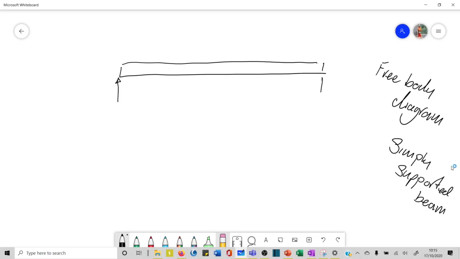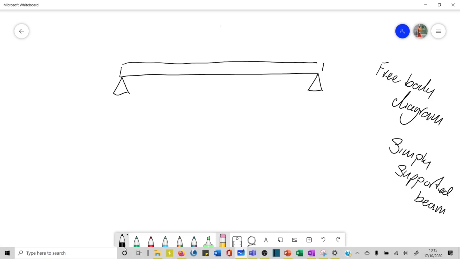It could be done like that. Let's get rid of them. It could be like that, so it's on two piers or abutments, or it could be as simple as that there. Okay, so we'll just leave it at that for now.